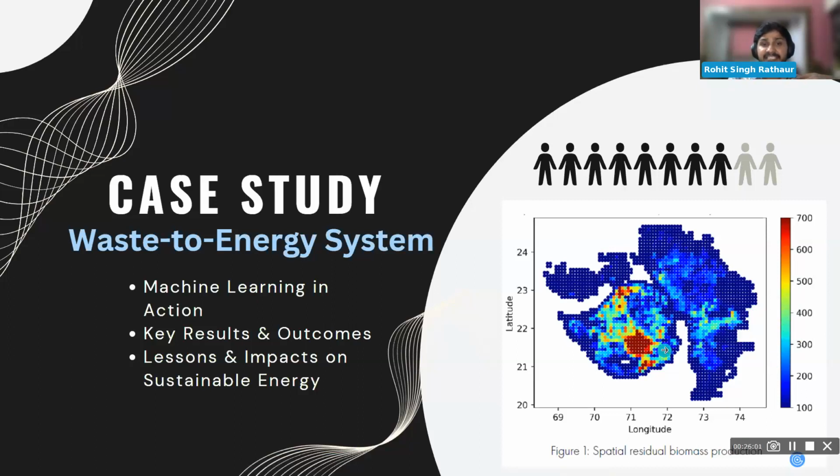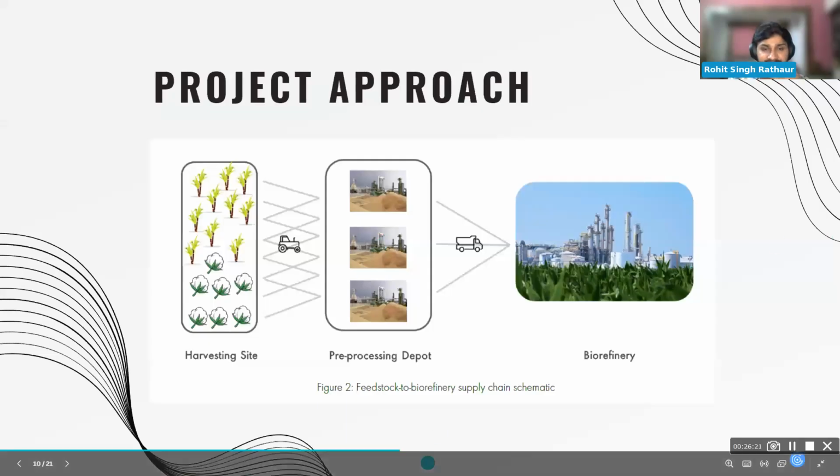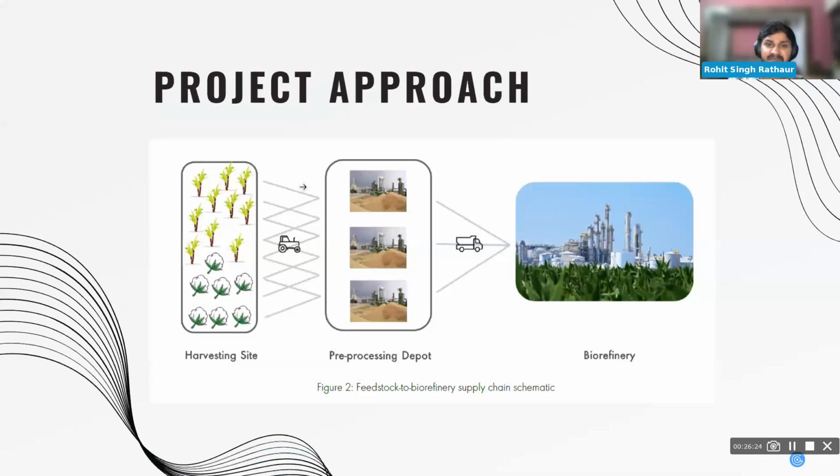The spatial distribution will change year after year, and the biomass available in these grid blocks will serve as feedstock to biofuel production plants, that is, the biorefineries I mentioned here. The biomass feedstock needs to be optimally collected and transported to the biorefinery gate from the grid blocks, and the harvesting site will serve as the starting point in the supply chain.